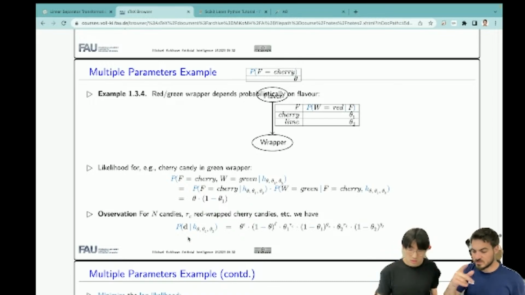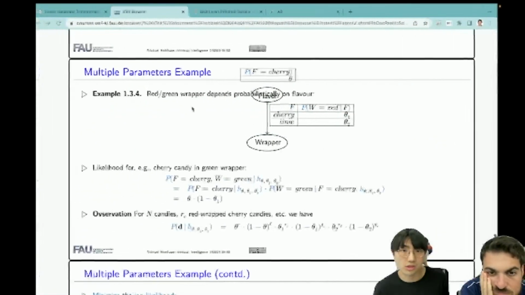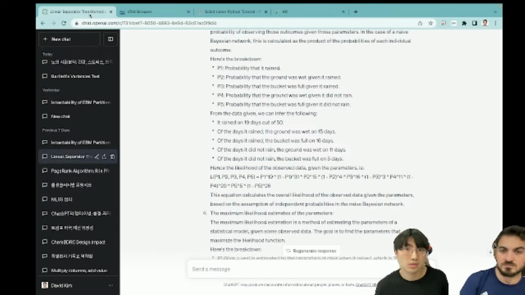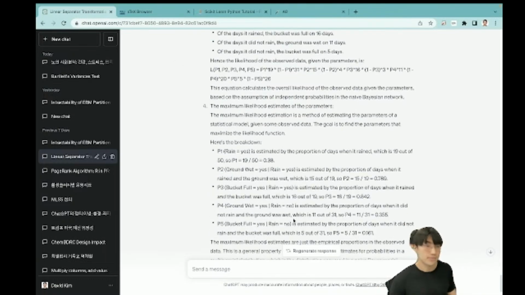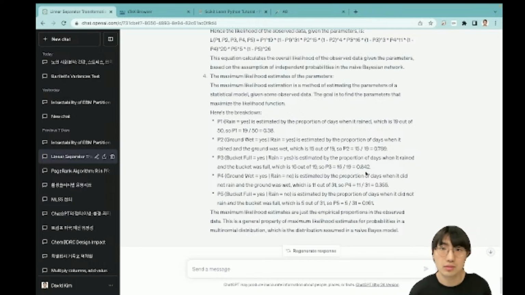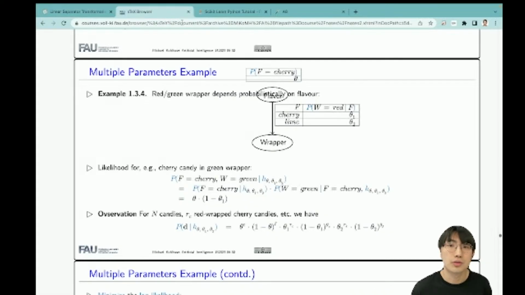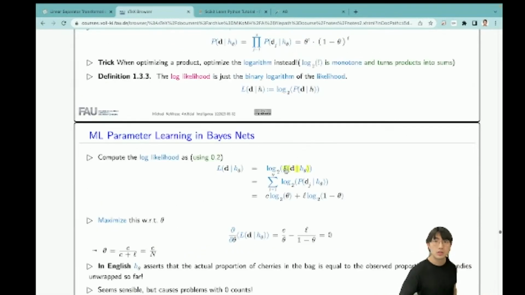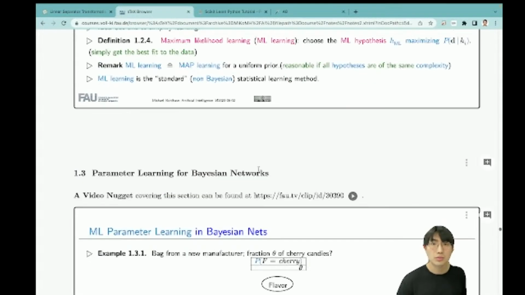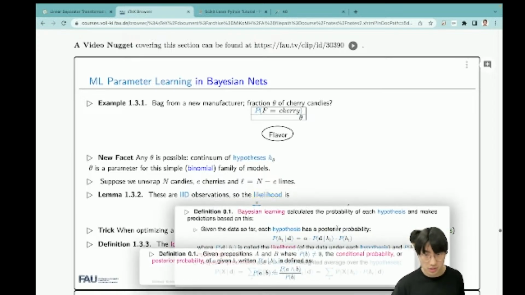So I think that's right. Last question: let's check ChatGPT's answer. So we figured out from this slide that here we have a Bayesian network, and the likelihood is like this.